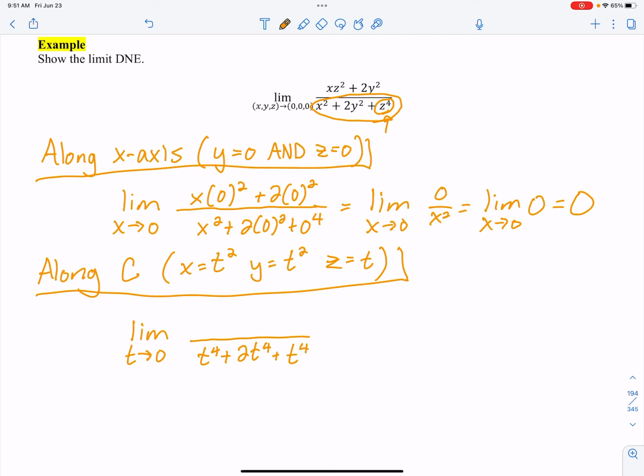On top, I'm going to have t squared times t squared plus 2 times t squared squared. All right, so we get the limit as t goes to 0. And as you notice, I get t to the 4th plus 2t to the 4th. So I get 5t to the 4th on top, and then on the bottom, I got 4t to the 4th.